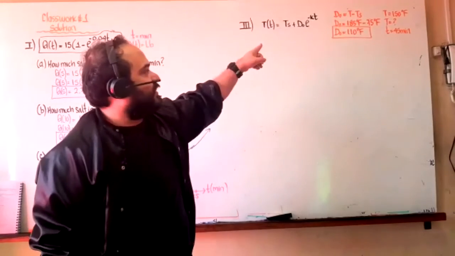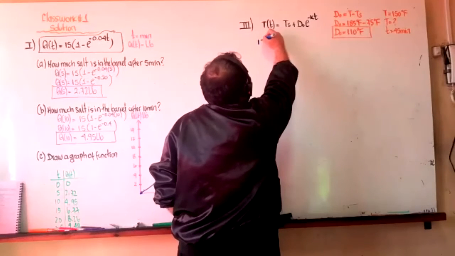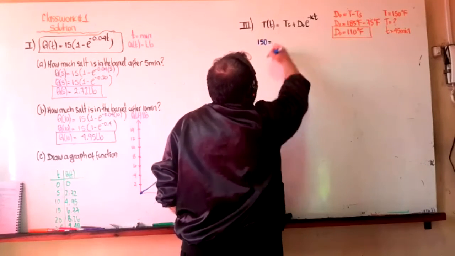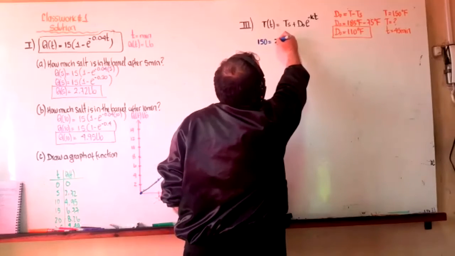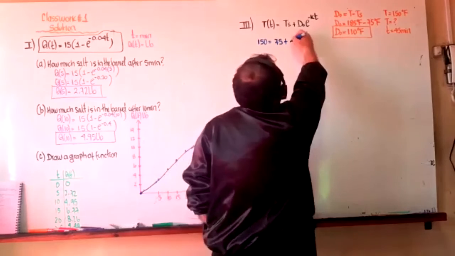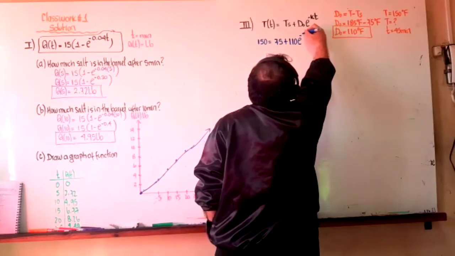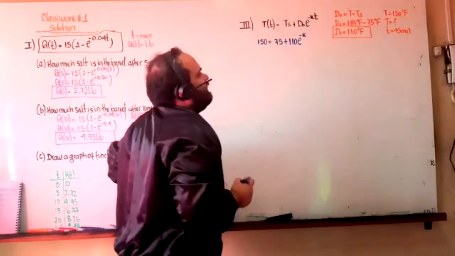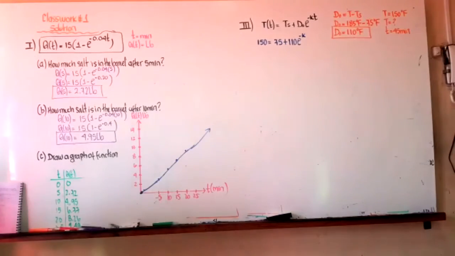For example, the temperature T(t) in this case was 150, equals Ts, remember the temperature of the surroundings, which is 75, plus D0, 110, e to the negative Kt. But remember t. What happened with the letter t? In these circumstances, the letter t is the period of time, when it passes half an hour.